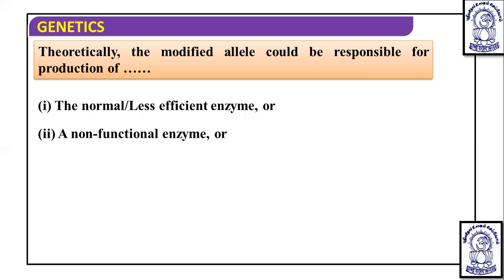The modified allele will produce an enzyme, but it will be non-functional. It is not converting substrate into the product. It is also possible that no enzyme will be produced at all. So if a modification occurs in the original gene, such possibilities can be observed with the modified allele.